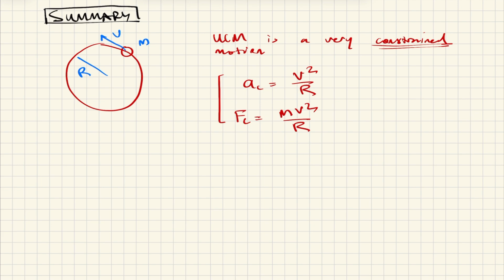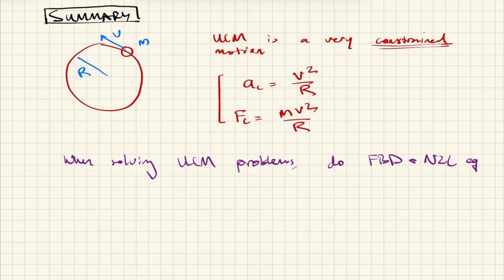And so when you're solving problems involving UCM, I'll encourage you to do steps 1 and 2, where you draw the free body diagram and Newton's second law equations as per usual, and then delay thinking about these constraints until step 3. So when solving UCM problems, do FBD plus Newton's second law equations as usual.